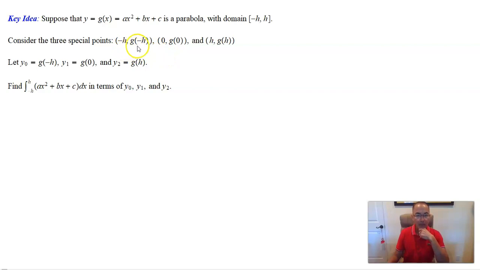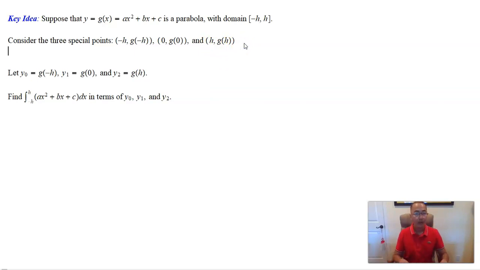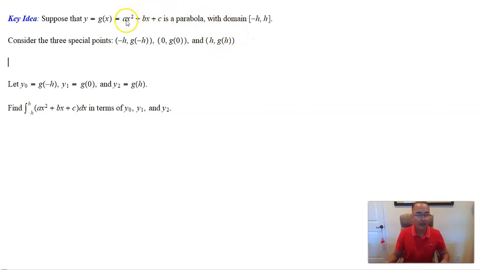At minus h, we will plug into g, plug in 0 into g, plug in h into g to get the y-coordinates, right? So shall we do that now? If you plug in negative h here, what are you going to get? You'll get ah squared, and then b times minus h is minus bh, plus c. If you plug in 0, you will just get c.